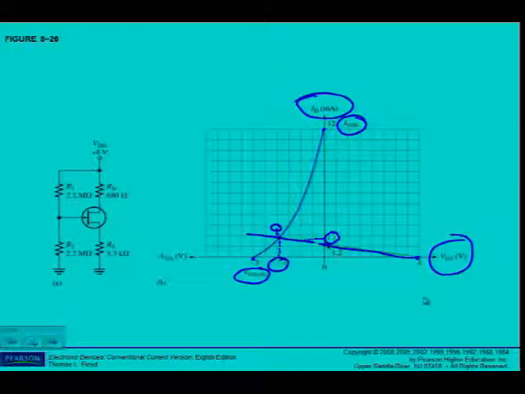And ladies and gentlemen, please make sure that you have a look at the scale that has been used. We can see in this case, IDSS is 12 milliamps. So each block, if you count them, is going to be equal to 1 milliamp. But look at the voltage. Can you see VGS off is minus 3?